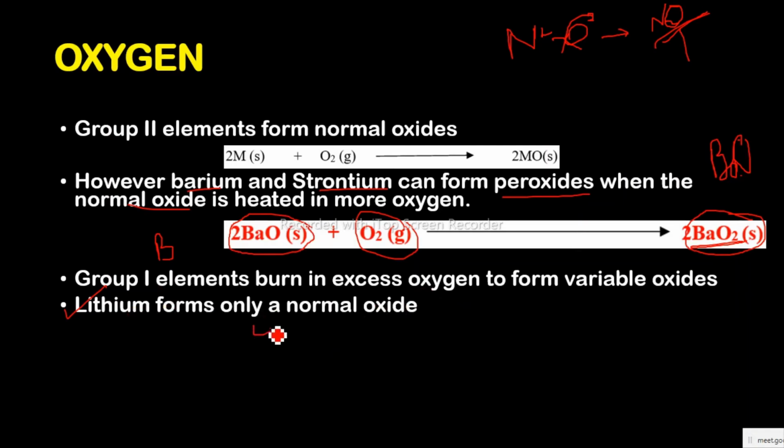In other words, you react lithium with oxygen, and you must put states, so we shall form our lithium oxide, Li2O, which is a solid. This one is a normal oxide.